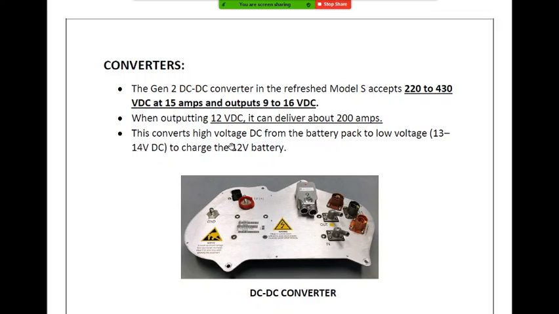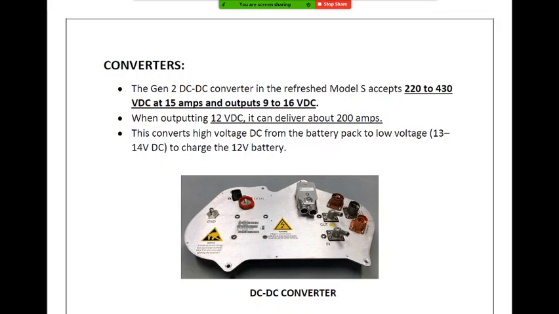So it's nothing but conversion of the high voltage DC supply from the battery to low voltage, around 13 to 14 volts, for charging the 12-volt battery. Normally, the converter is used for converting high voltage DC to low voltage DC.